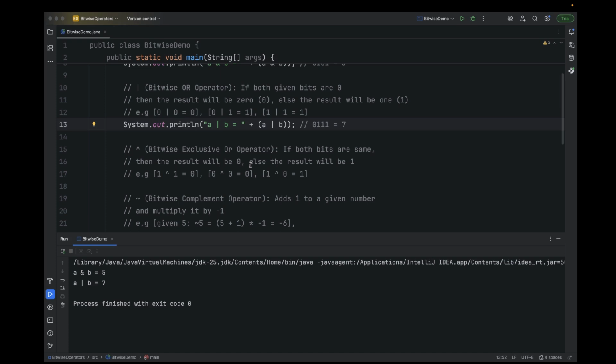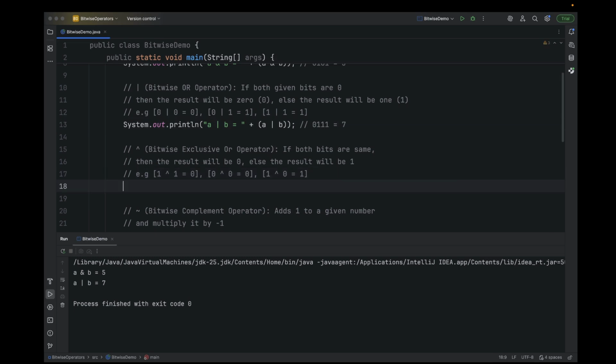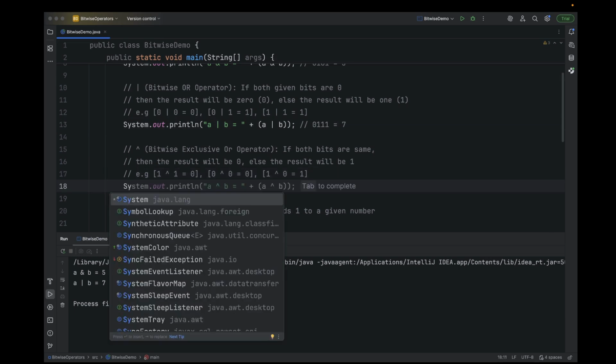The only time it will be 1 is when it is 1, 0 or 0, 1. Right? So, for example, here you can see 1 exclusive or 1 will give you 0. 0 exclusive or 0 will give you 0. But 1 exclusive or 0 will give you 1. Right? So let's try printing the result.